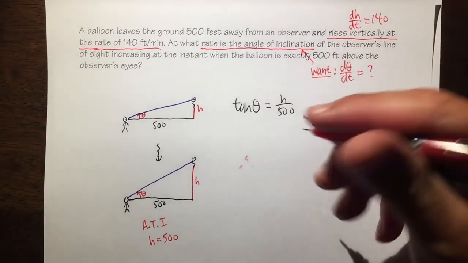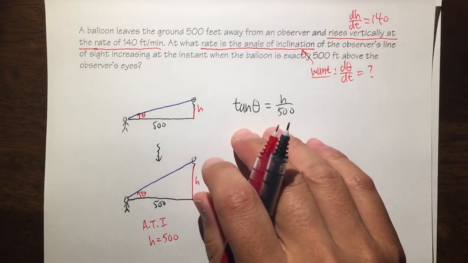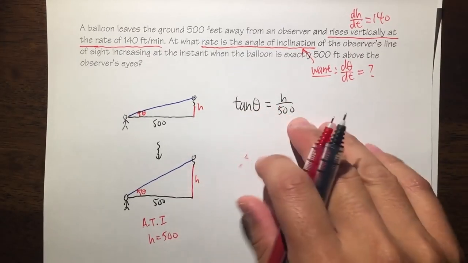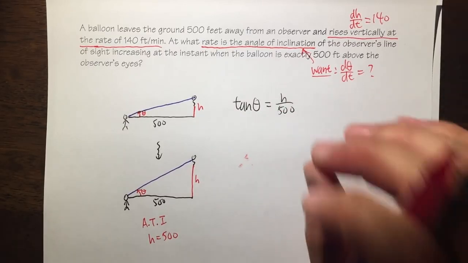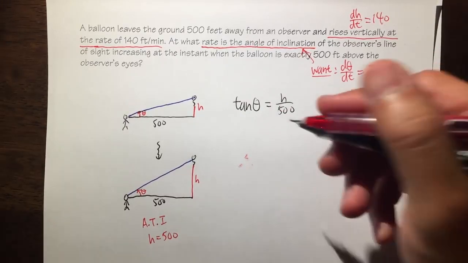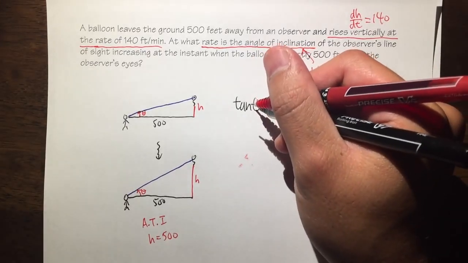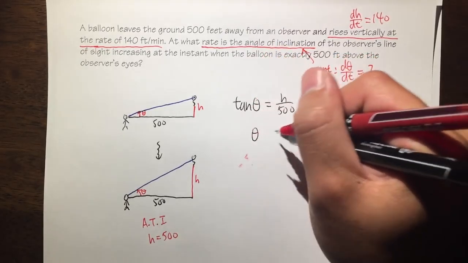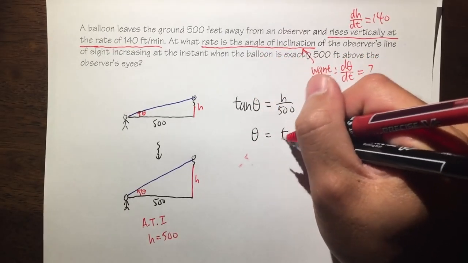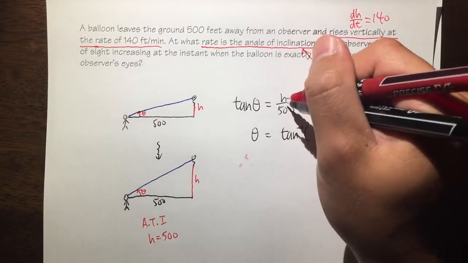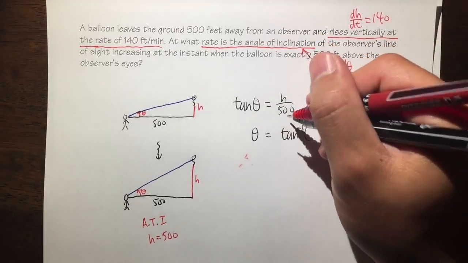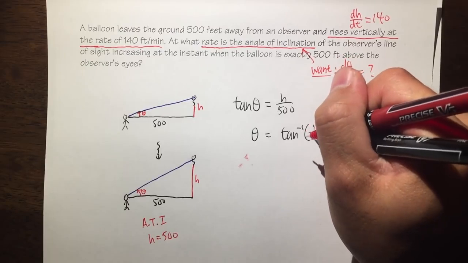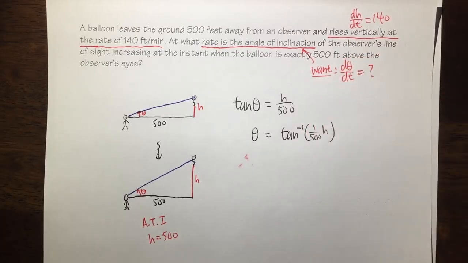Or if you don't like the original tangent, you can take the inverse tangent on both sides. In fact, that's slightly easier in this situation. So let me say theta is equal to the inverse tangent of h over 500, or 1 over 500 times h, like that.